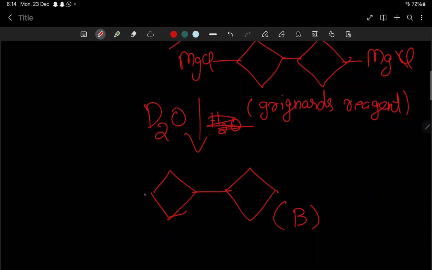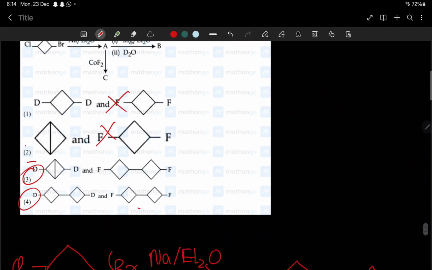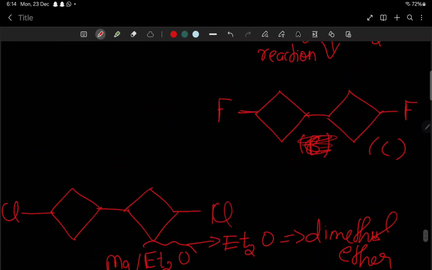If D2O is added, instead of H, D will be substituted in the place. So the answer will be option D. Only option 4 is the correct answer.